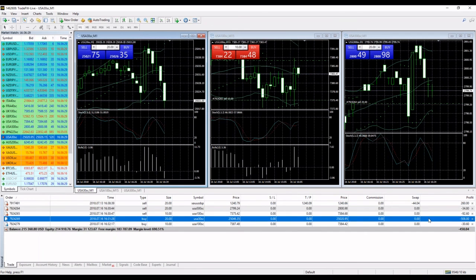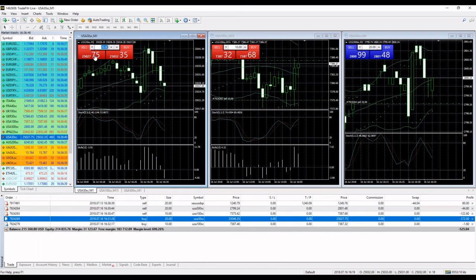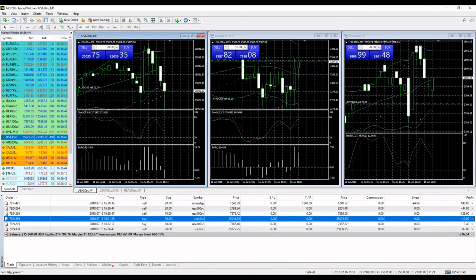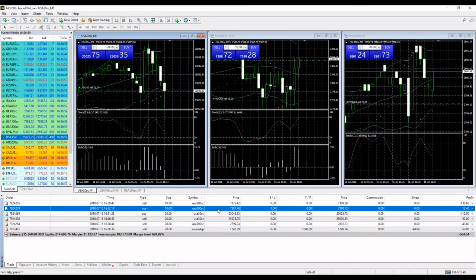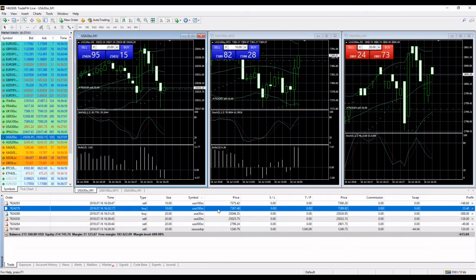However, before the high movement finishes on the market, I will just sell Dow Jones to make some extra money on it. We open now, we are hedged on USA 100 and on Dow Jones. My buy position on USA 100 is making money, my gold position is making money.